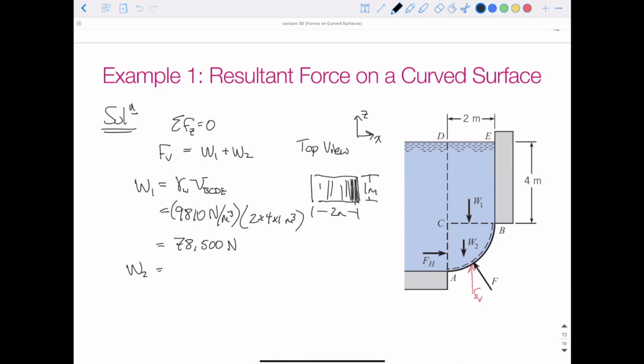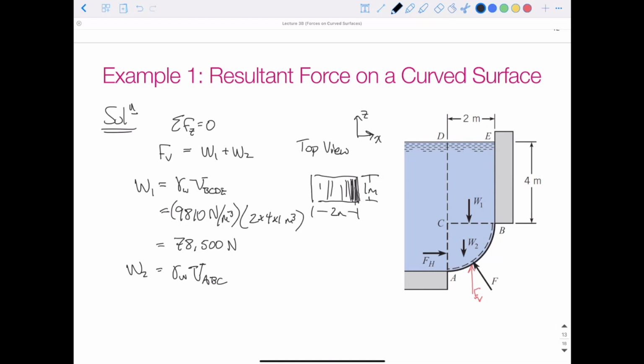So for weight 2, gamma of the water times the volume, and this time our volume is going to be ABC, or the volume of that quarter pipe section. So what is the volume of that quarter pipe section? It's going to be 1/4 of the volume of a cylinder with a radius of 2 meters.